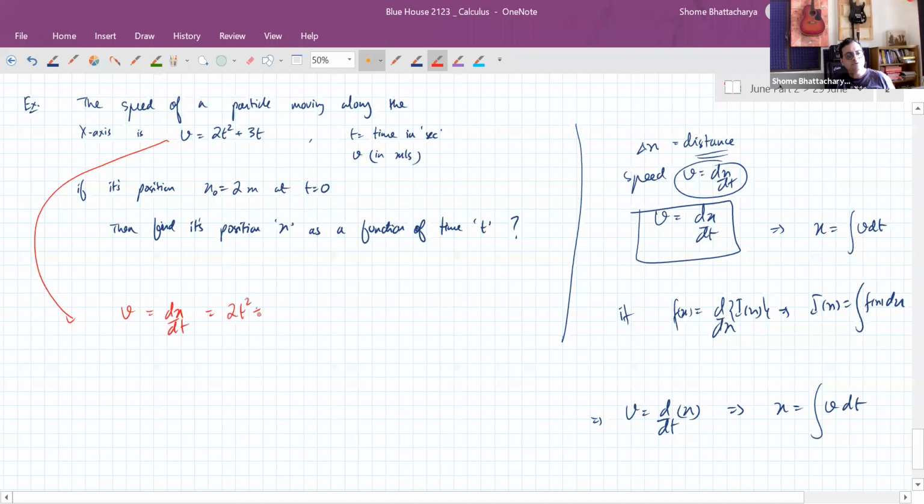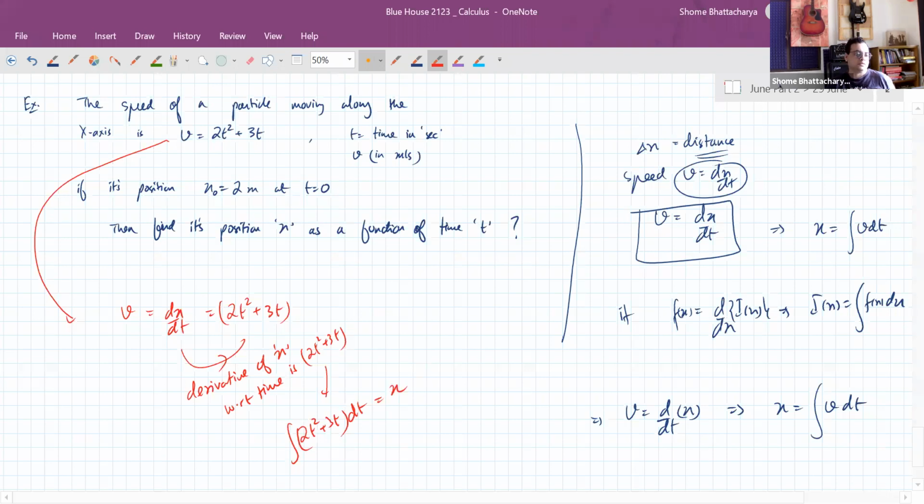as 2t square plus 3t. So the derivative of x with respect to time is this. That means the integration of this should be equal to x.